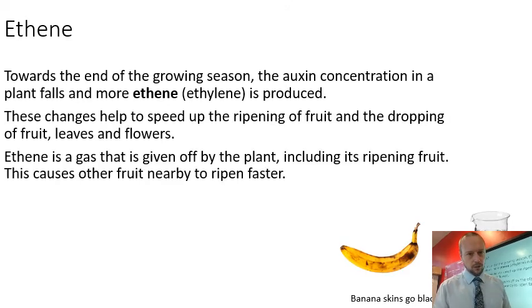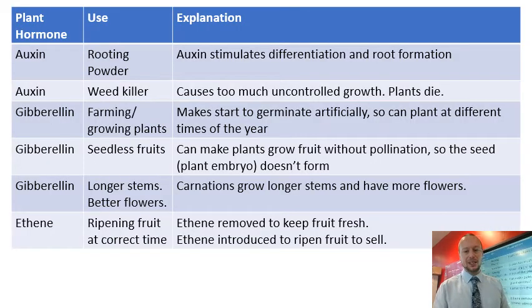So yeah, what it does is it basically ripens fruit. So if you've got a shipment of bananas and you're taking them from Brazil to Tyne Dock, you basically have something in that shipment which absorbs ethene. So the plants stay fresh, they don't ripen too early, they don't go rotten.